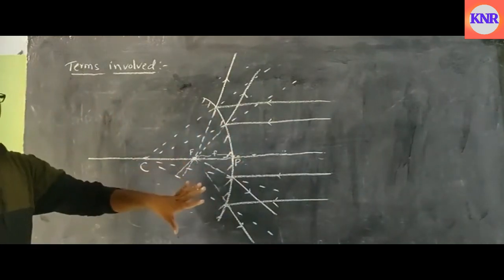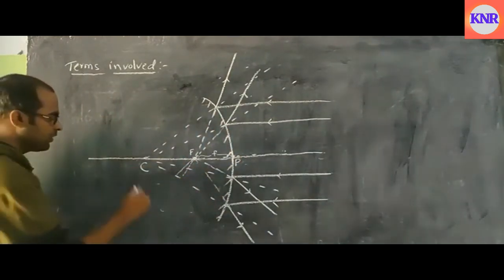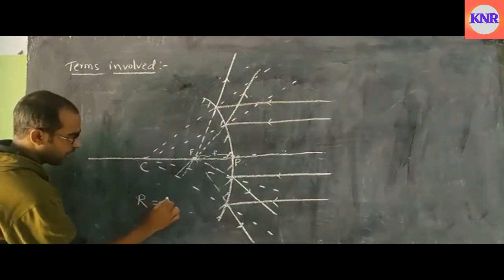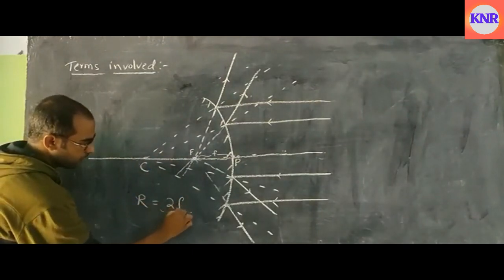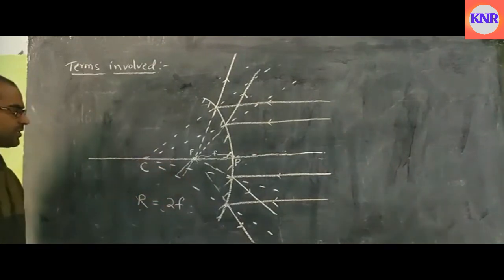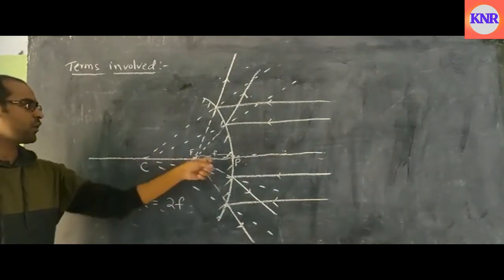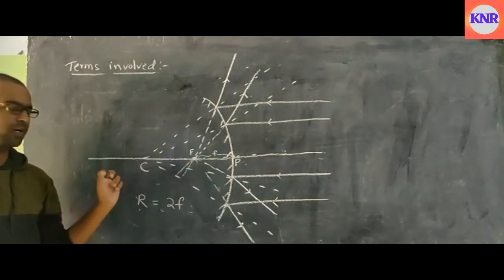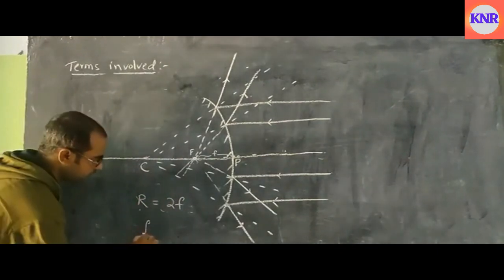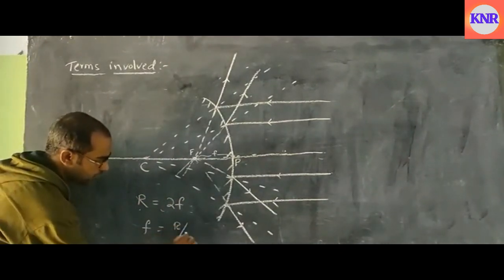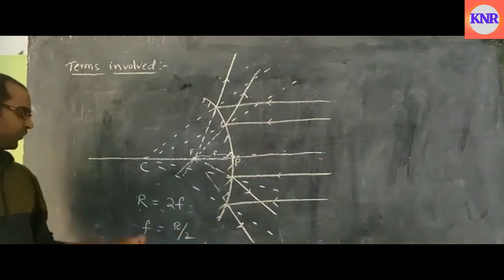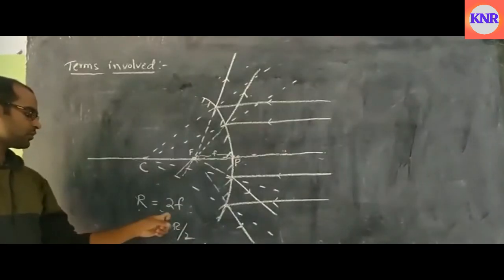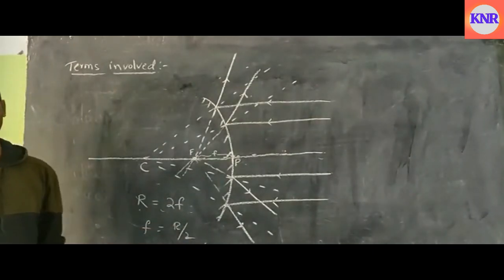And here also the same relation between radius of curvature and focal length, R equals 2f. Radius of curvature is twice the focal length, and focal length is half of the radius of curvature. R equals 2f, or f equals R by 2, right?